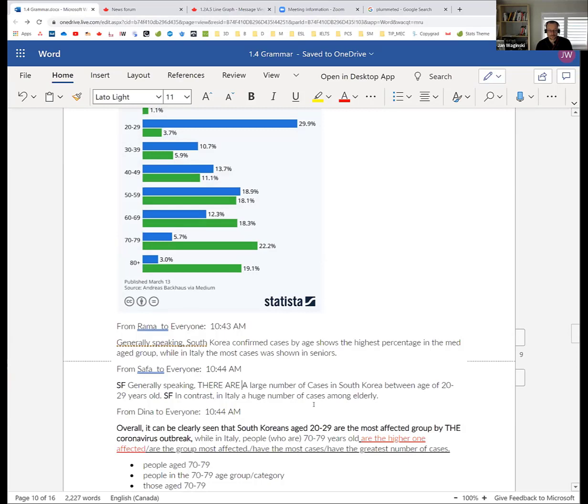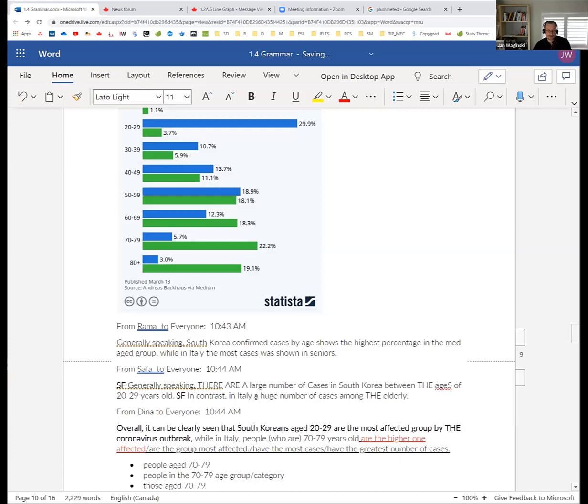There are between ages. Among the elderly.